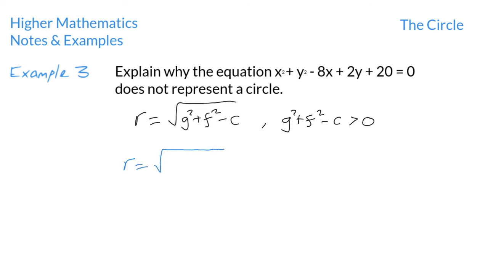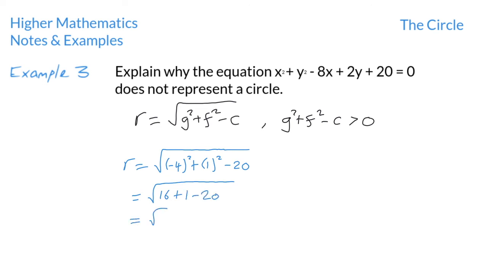That will be the square root of, now g here would be -4, so that would be (-4) squared plus (-1) squared, and take away 20. So that would be the square root of 16 plus 1 minus 20.